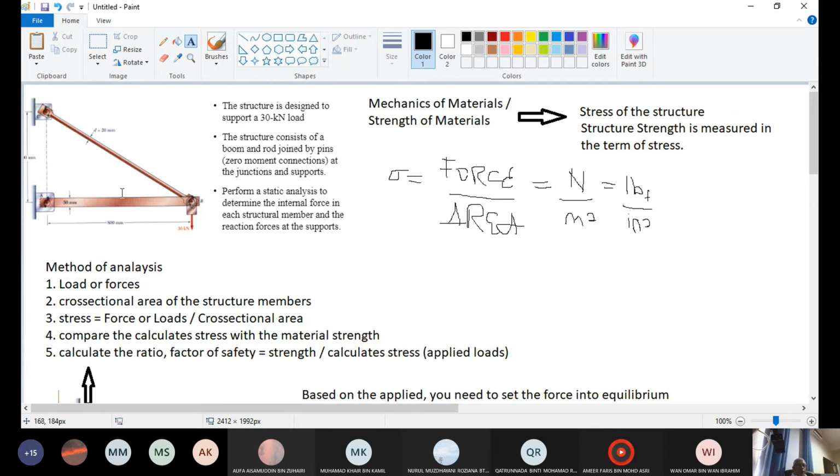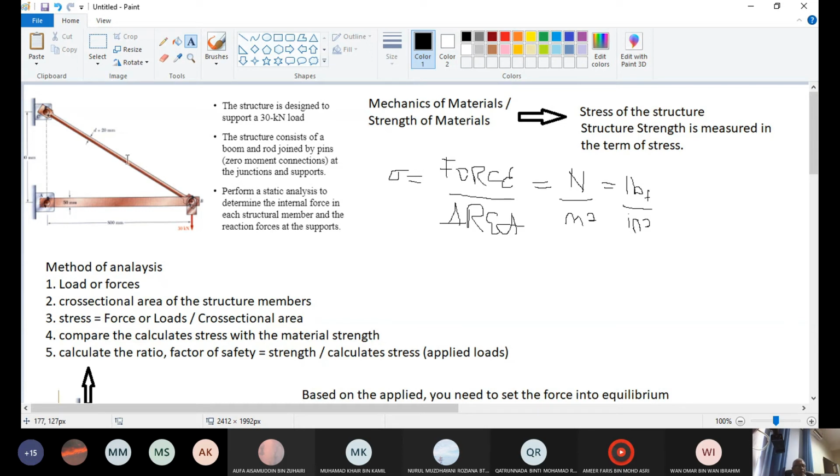So very simple formula, force over area, you get the stress. You need to find the stress due to the 30 kilonewton on this rod and this rectangular beam, compared to what the material is. This material you could put as metal, steel, aluminium, wood, whatever you want based on your design.